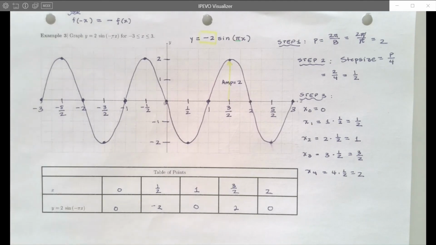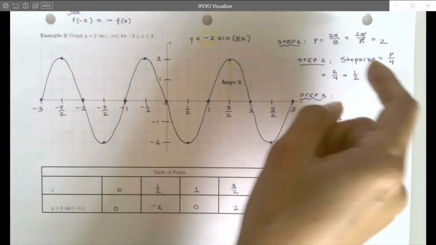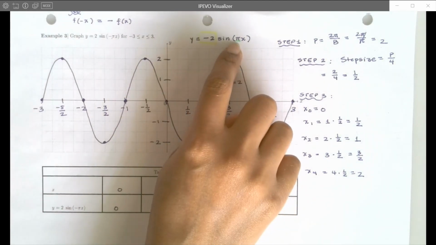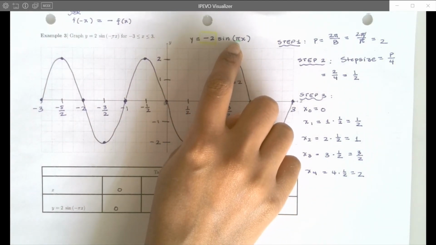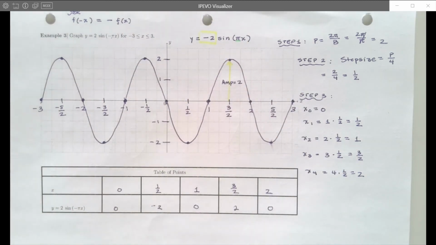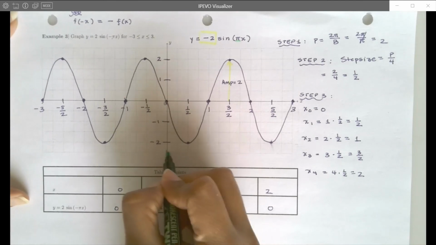All right, what about the period? Well, the period would originally be 2 pi, but because of the pi, we divided 2 pi by 2 to get a period of 2, and well, that's what we're seeing on the graph as well.